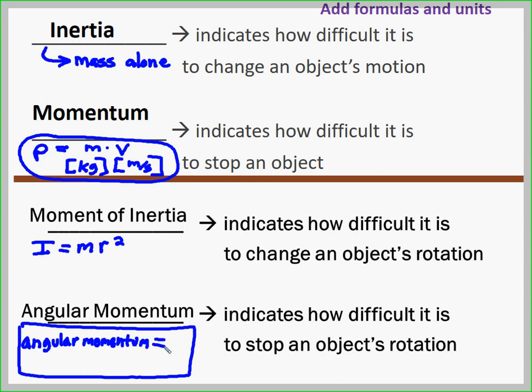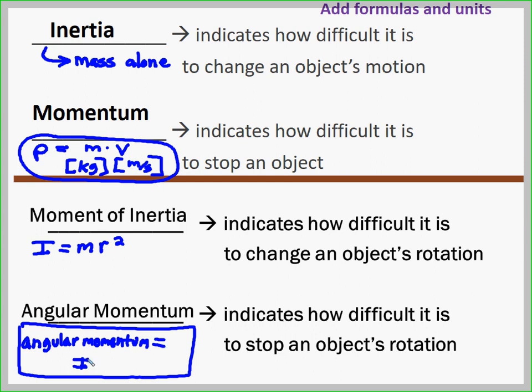Remember the rotational version of mass. Instead of m times v, it's going to be the rotational version of mass times the rotational version of velocity. And what's the rotational version of mass?